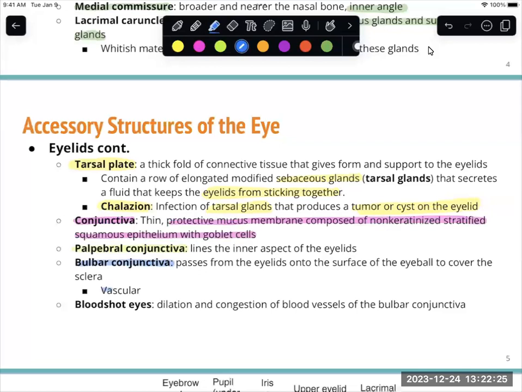The bulbar conjunctiva is that vascular layer. There's lots of blood vessels found throughout there. So if somebody has bloodshot eyes, those blood vessels in that bulbar conjunctiva have dilated, they have enlarged. And that is what can cause someone to have bloodshot eyes.